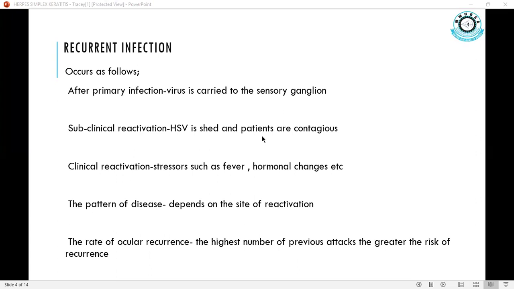And then we have another factor, which is severe disease, which may be frequently recurrent, including in atopic eye diseases, childhood immunodeficiency, or immunosuppression. So those are the factors that exacerbate the recurrence of this infection.